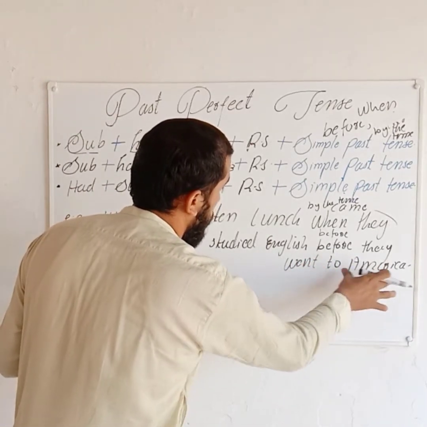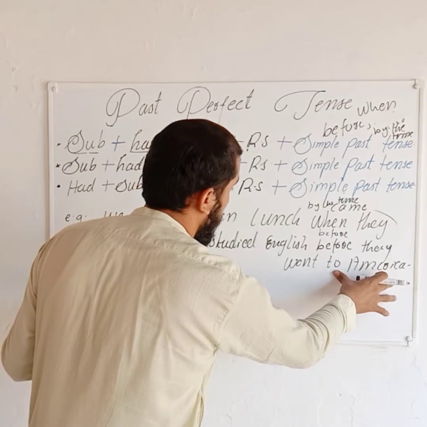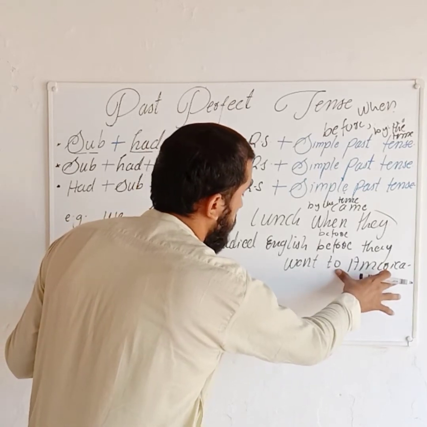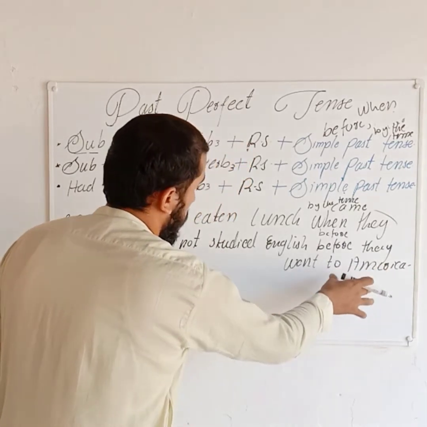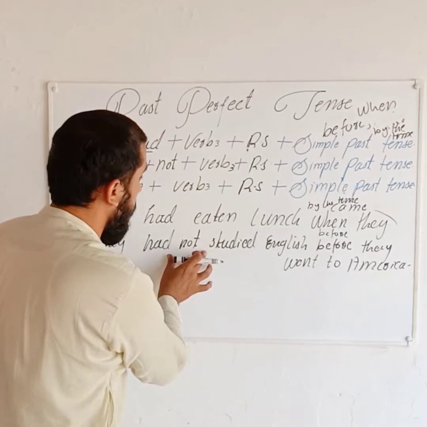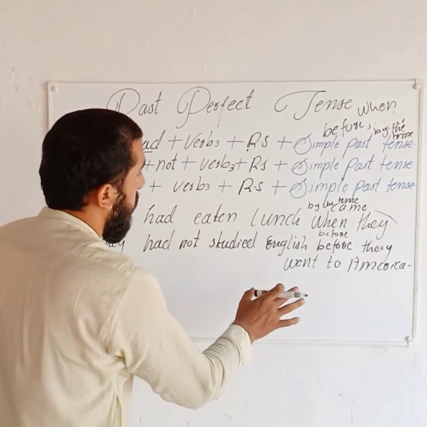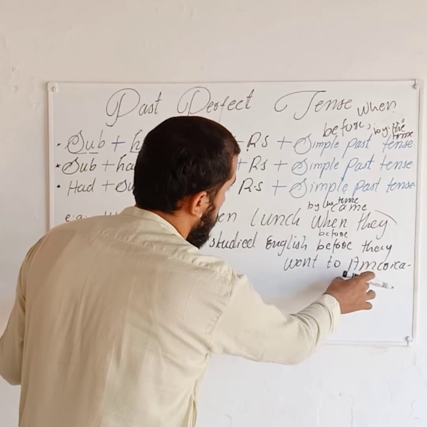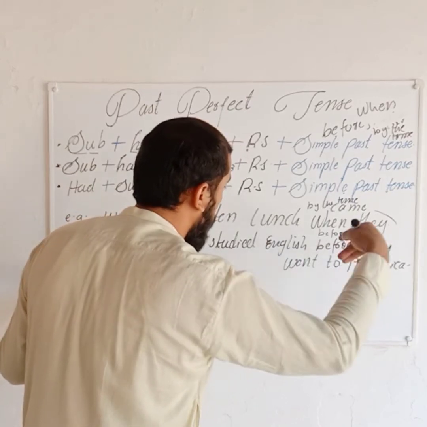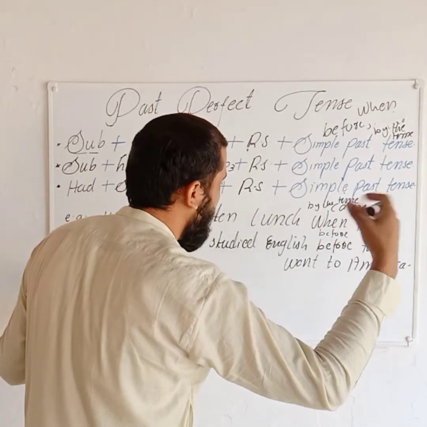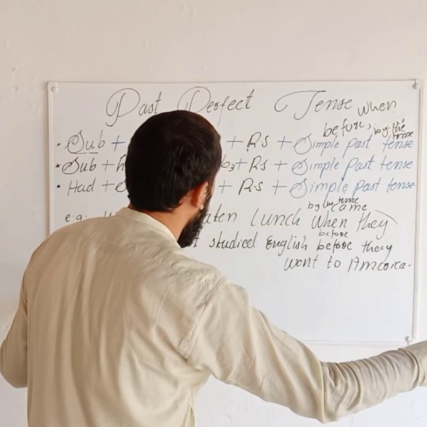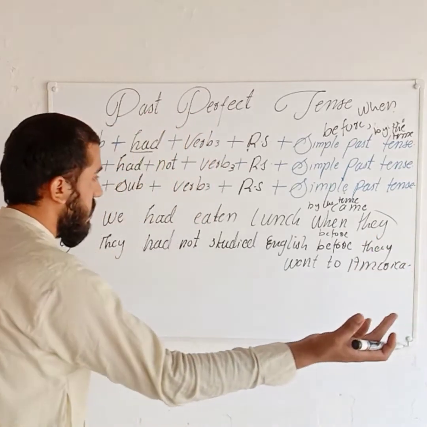Before which action? Before going to America. Before simple past tense. First they didn't study. This action happened, and after this one, this action took place. I mean, they went to America and they didn't know English, or they didn't study English.